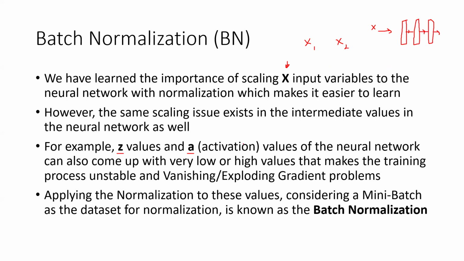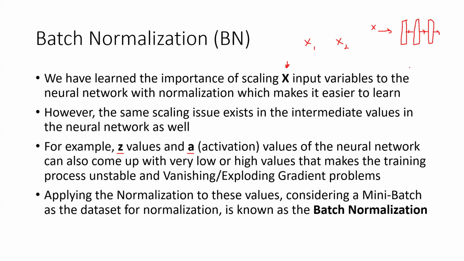So in each of these layers also there can be vectors similar to the x vector, and if you can normalize or scale these z values or activation values, you can learn easily in each of these layers, right?